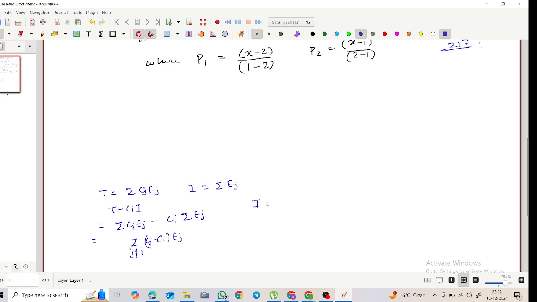So what does it imply? If v belongs to the kernel of T minus ci I, then v belongs to the range, yeah, look at this, Ej.